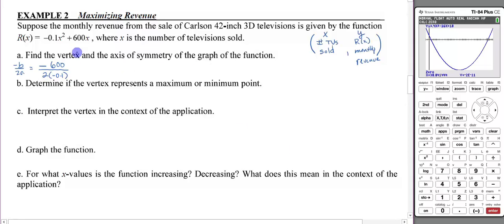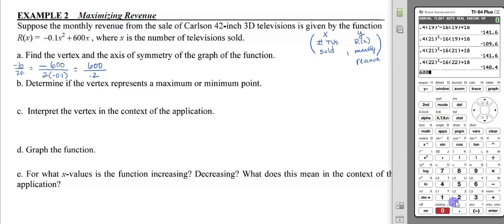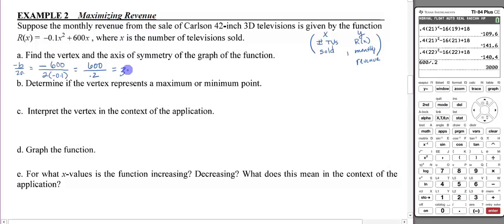So that's going to be 600 divided by 0.2. Go to your home screen. 600 divided by 0.2, and that's 3,000. So I know that the vertex has an x of 3,000, and we want to find the y that goes with that.